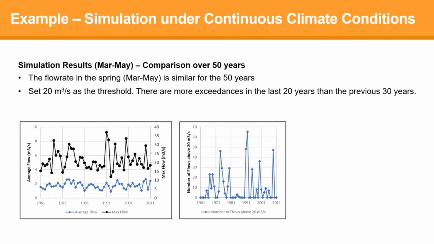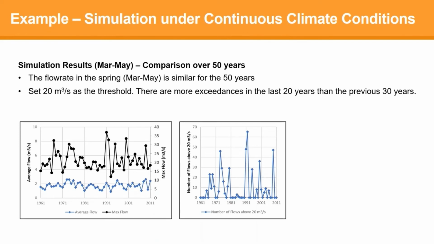But if I put in a threshold, say 20 cubic meters per second, and I count how many exceedances happened in those 50 years, we can say that in the last 20 years we do see more exceedances above the threshold compared to the first 30 years.